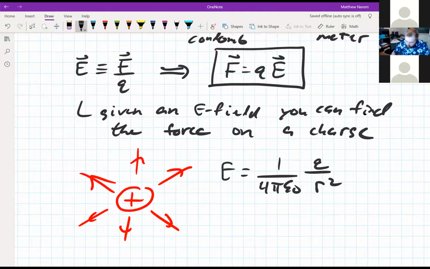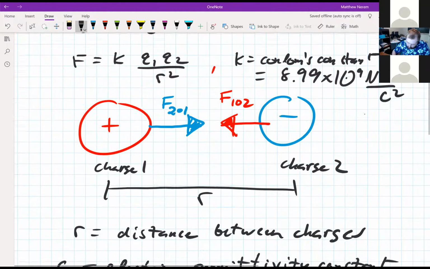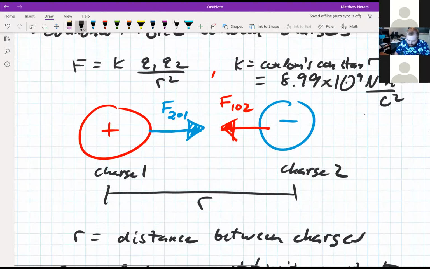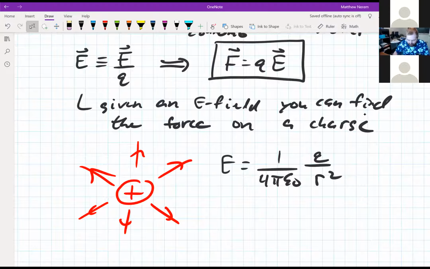All right, guys, I'm going to scroll up. Did I make a mistake earlier? No, I didn't. I always want to make sure that I don't get the squares wrong because that's a common mistake. And yes, forces go as 1 over r squared. Electric field also goes as 1 over r squared.